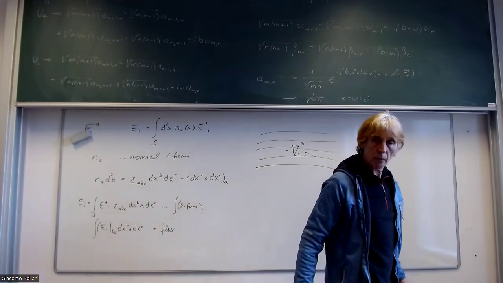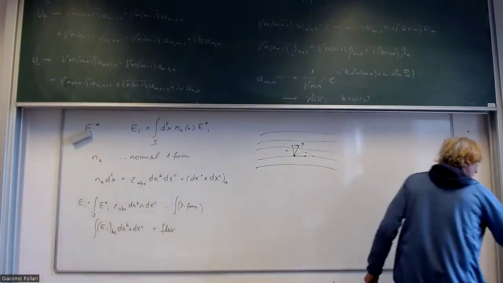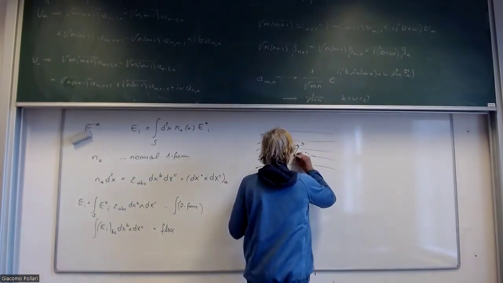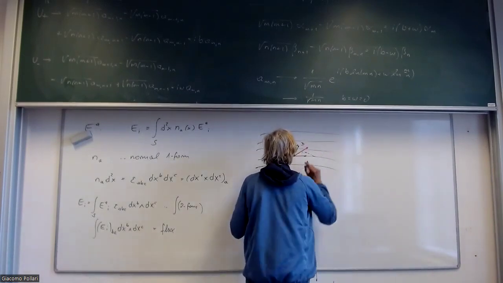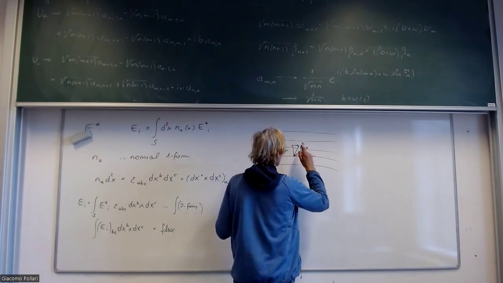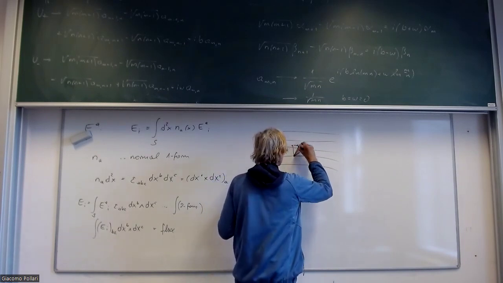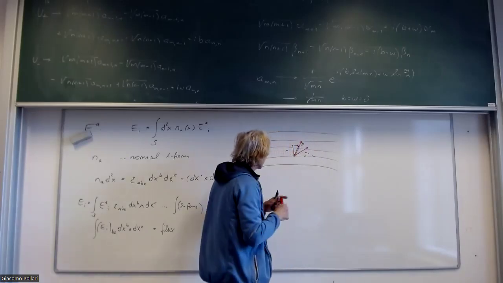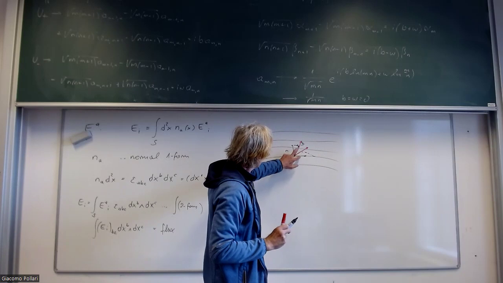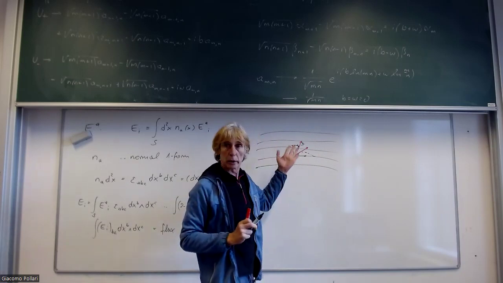Then we can locally have new space-like coordinates and a time-like vector, and this can be arranged in such a way that we get just a Lorentz transformation locally.